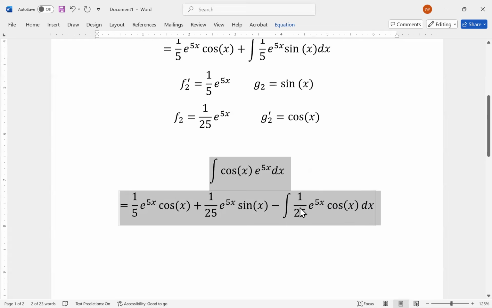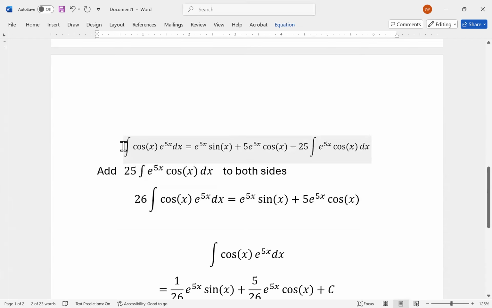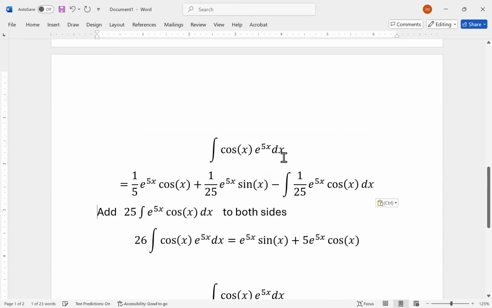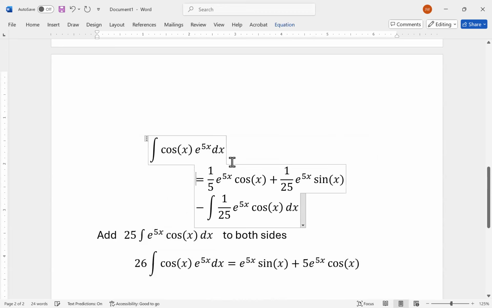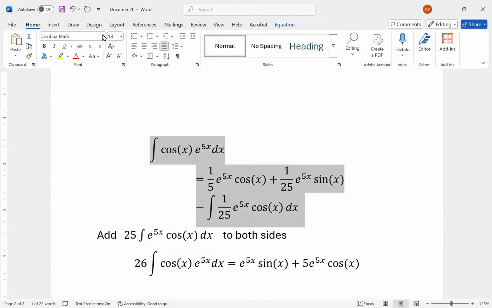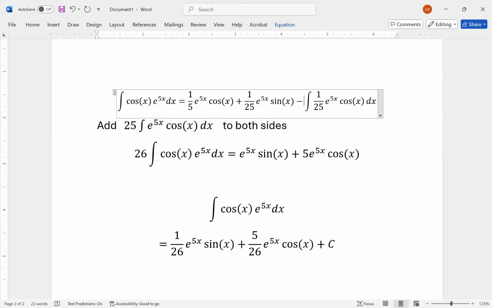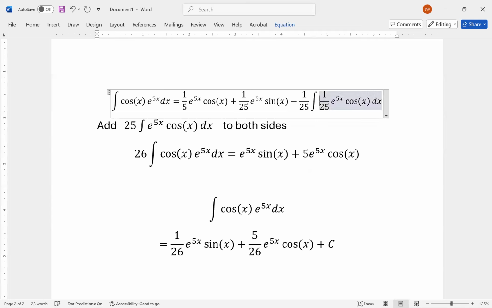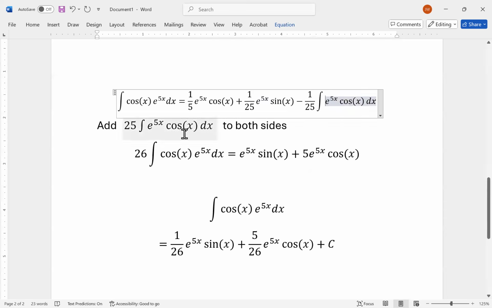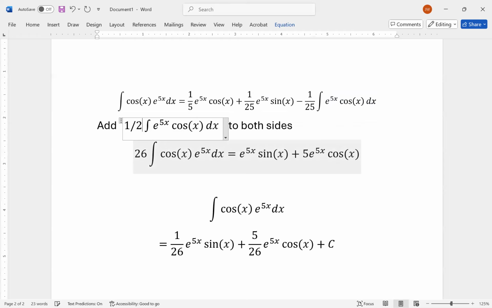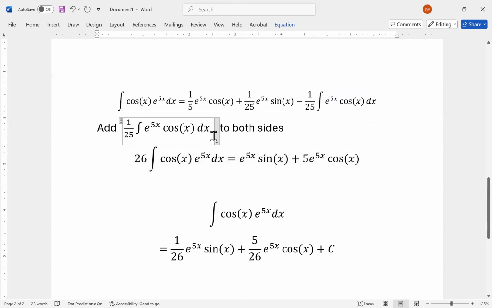I have a new coefficient of 1 over 25. That's not going to hurt anything because I'm going to set it up in the exact same way. Let's make that a little smaller. There we go. And I'd factor out a 1 over 25. And so I'd add not 25 times the integration, but 1 over 25 times that integration to both sides.